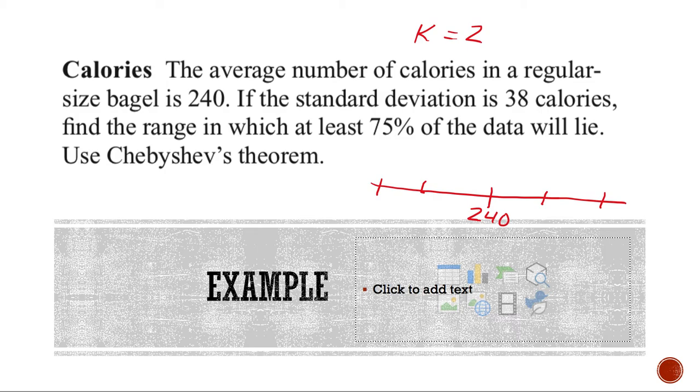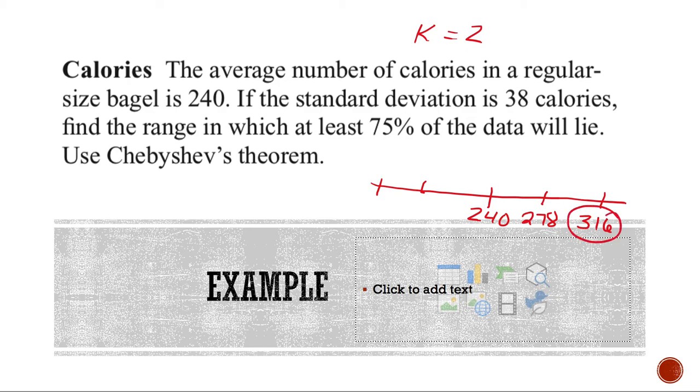And then the standard deviation is 38. For each of those marks, I'm going to add or subtract the 38. So 240 plus 38 gives me 278. Plus 38 again gives me 316. Then I'm going to come back in the other direction and subtract.